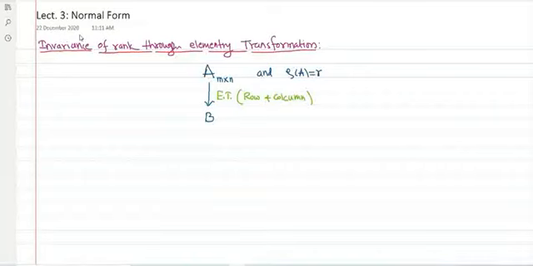We use the word equivalent, not equal. And how are you obtaining this matrix B?